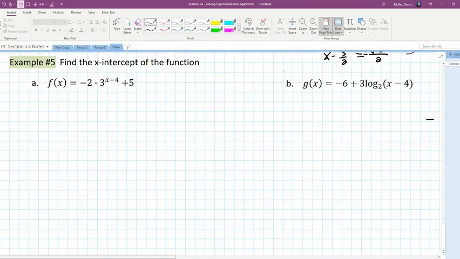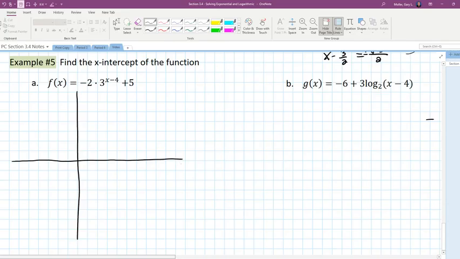All right, so what is this thing going to do? It is going to be a parent function of 3 to the x. It's going to be twice as tall and flipped upside down, as well as some shifting. All right, so let's get it shifted. 1, 2, 3, 4, 1, 2, 3, 4, 5.